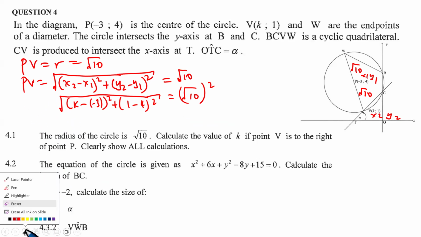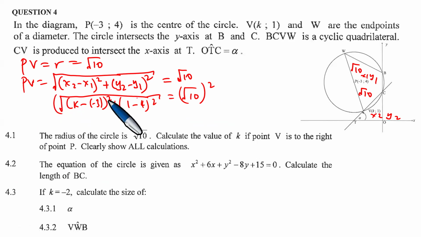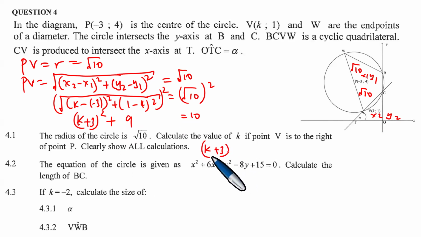After you've written this, you square both sides of this equation, getting 10, and then here you have k plus 3, you square it, and then this is a 9. Okay, k plus 3, you square this, is equal to 10 minus 9.